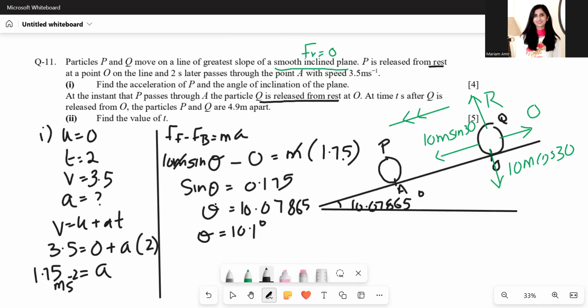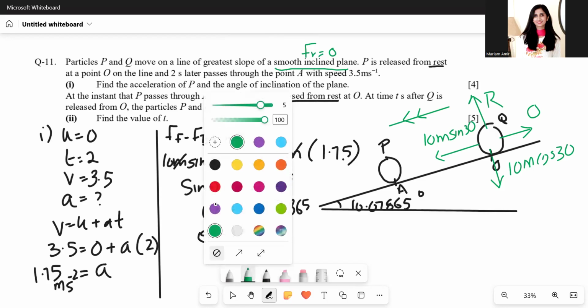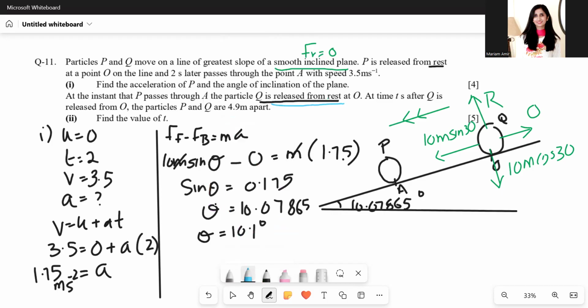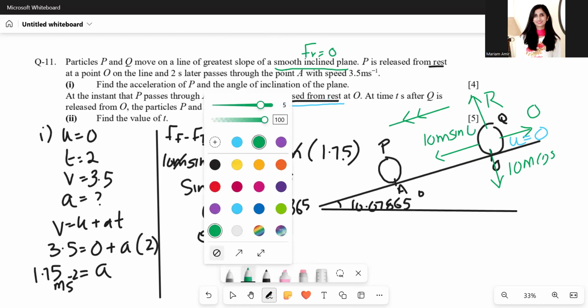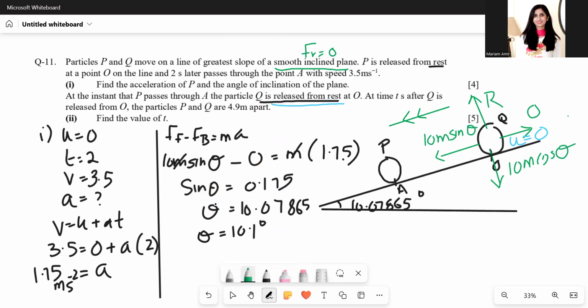So now this is also at rest initially. u is equal to 0. This 30 is wrong. It is theta, which we've already found.